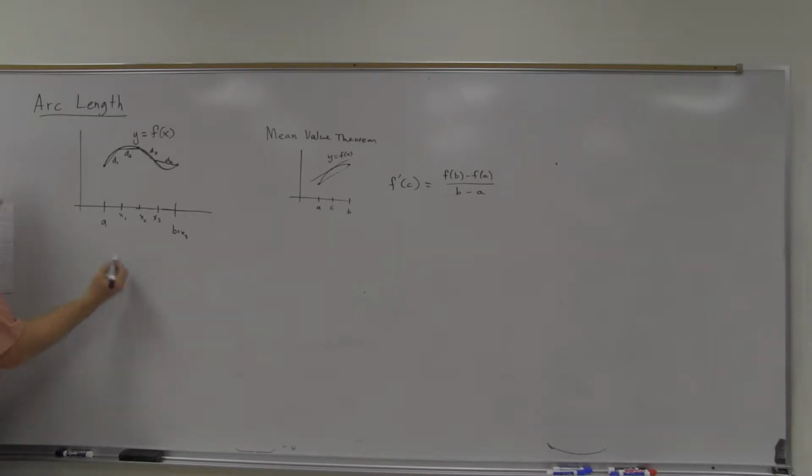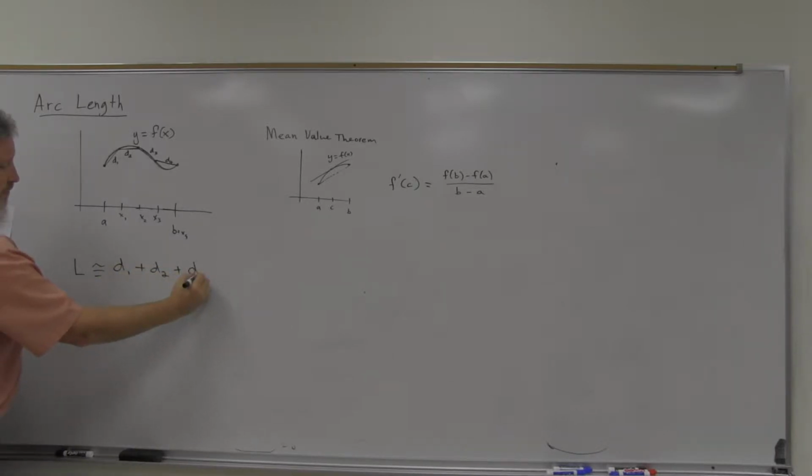And so the arc length, the true arc length of y equals f of x from A to B, we'll refer to as L. L is approximately equal to d1 plus d2 plus d3 plus d4.